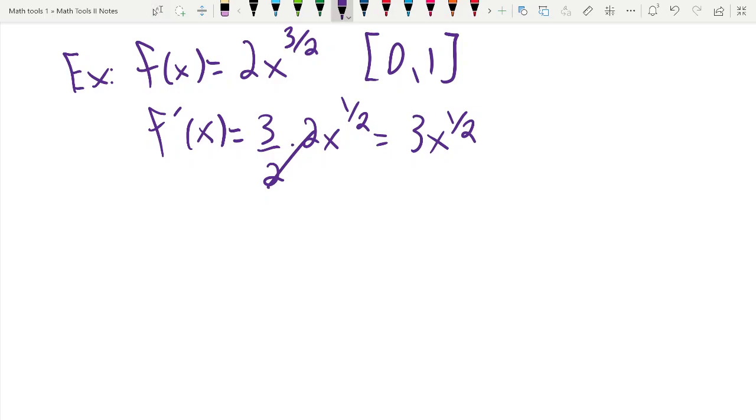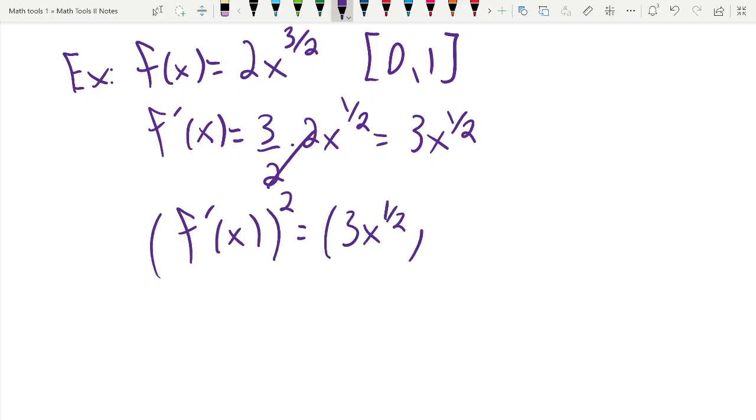So anyway, here we use the power rule, right? So we get 3x to the 1/2. And then we're going to end up squaring that too, right? So we can just go ahead and do that whole quantity. So 3x to the 1/2 squared is going to be just 9x.